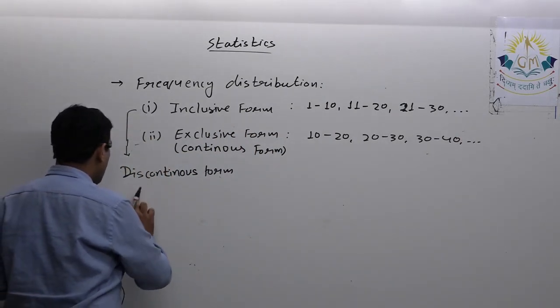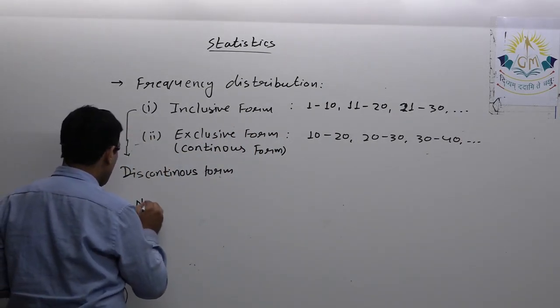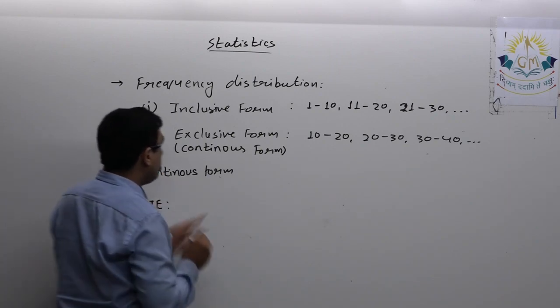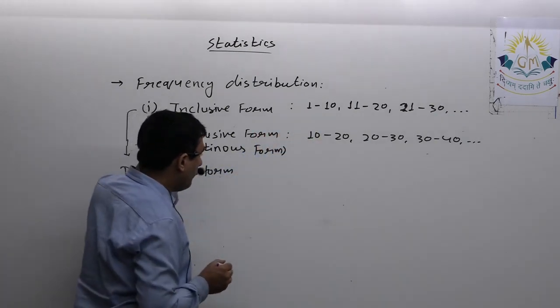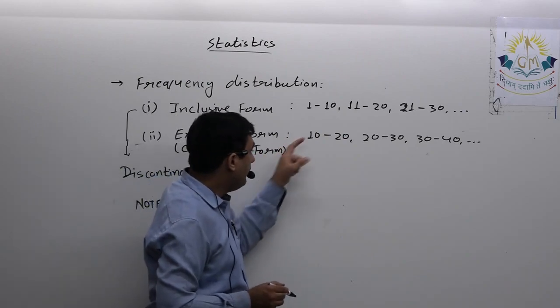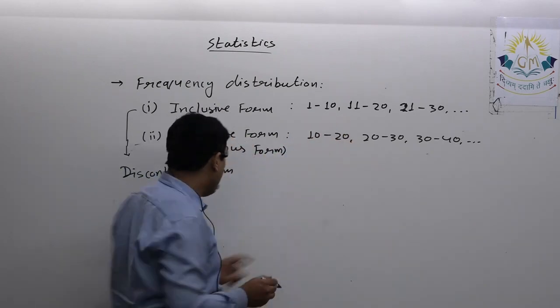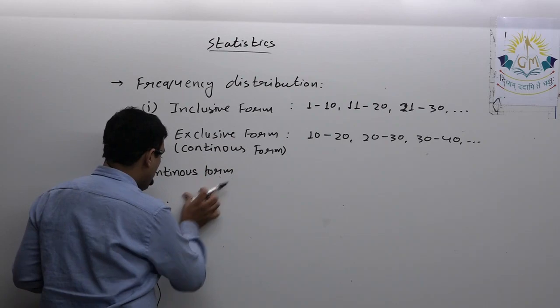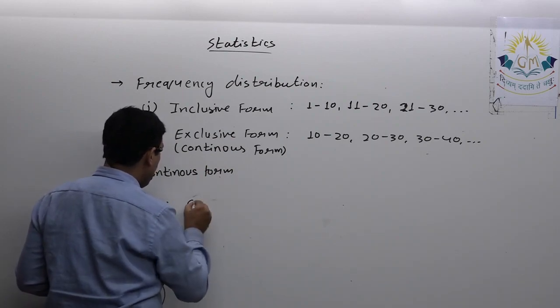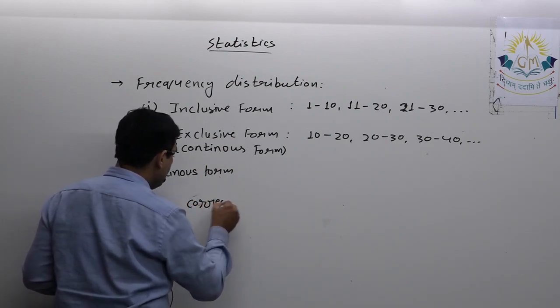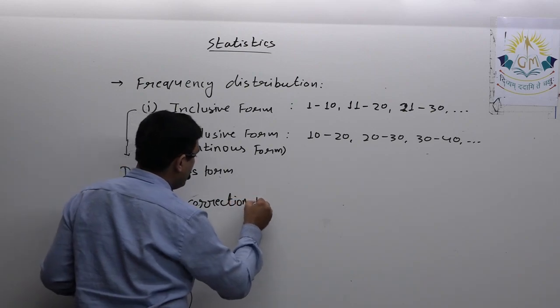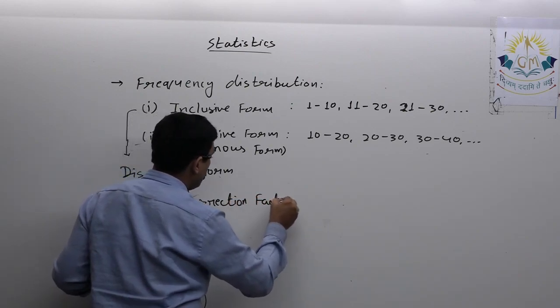Now we'll see how to convert this inclusive into the exclusive form. To convert inclusive into exclusive, what we will do is add a correction factor. There is a term named correction factor, or correction ratio. I'm taking it as correction factor.